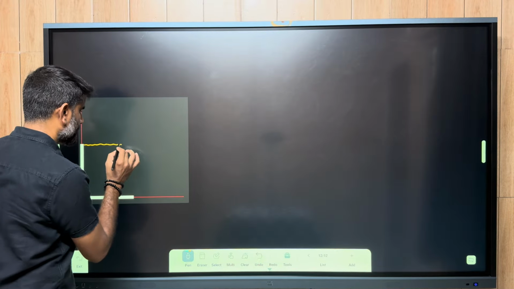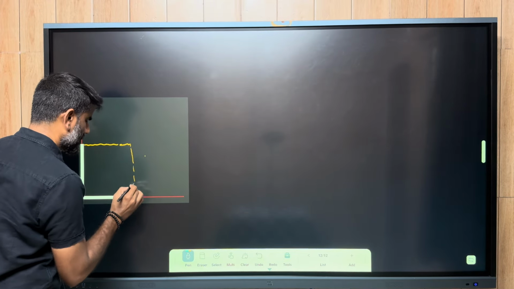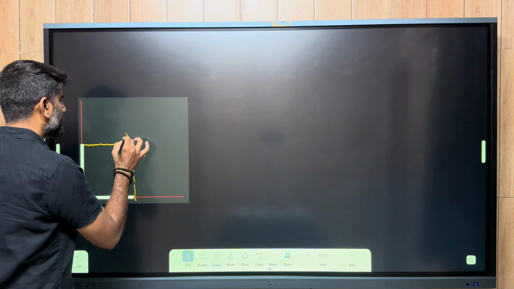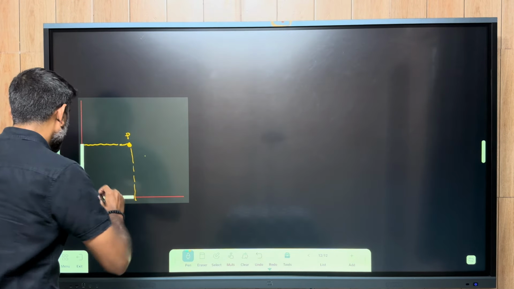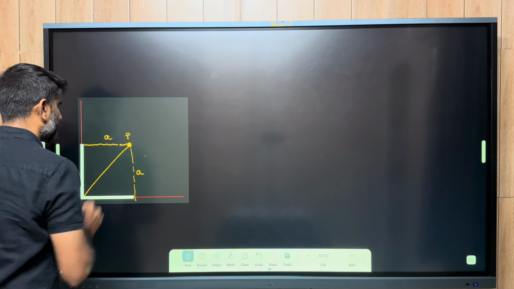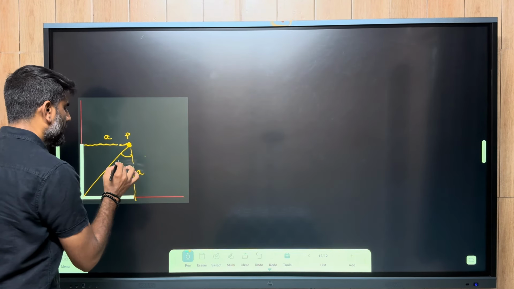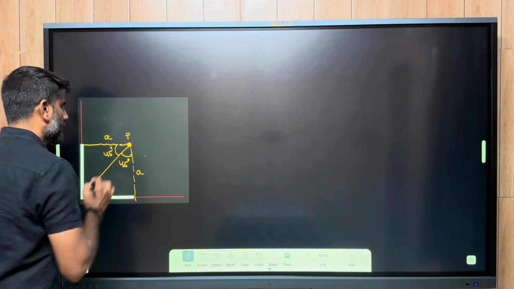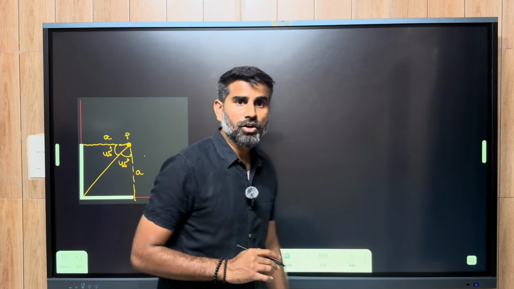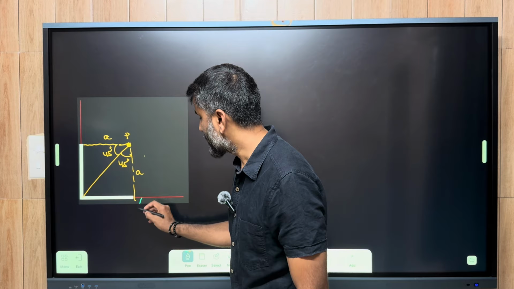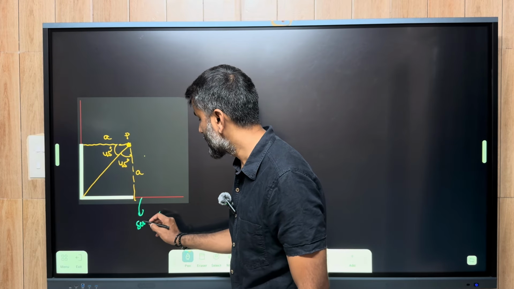Let's consider a point here, this is point P, at angles where this angle is 45 degrees, this angle also 45 degrees, and these two wires are semi infinite wires.